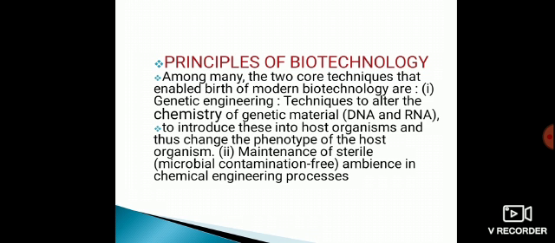Genetic material, all of you know, is DNA and RNA, present in the cells, and all living cells have DNA and RNA. These DNA and RNA are introduced into a host organism and thus change the phenotype of the host organism. That is the main concept of genetic engineering.